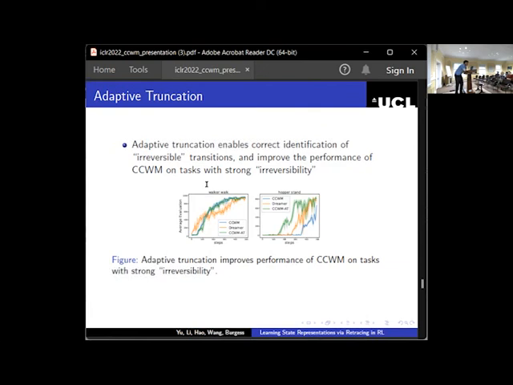This reversibility one is clearly not always correct. Are there other kinds of self-consistency constraints you could consider which might be less controversial or more generally applicable? Does that make sense? Yeah, it makes sense.